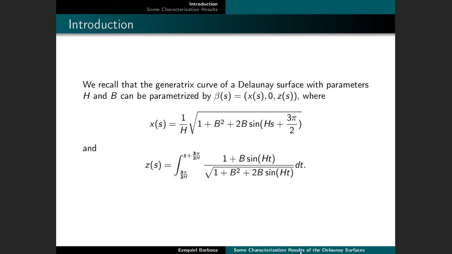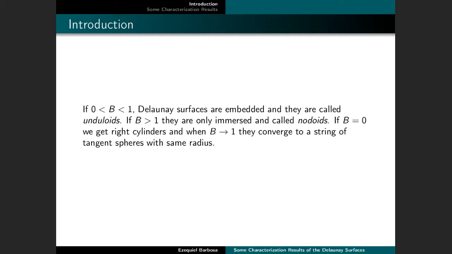So a Delaunay surface is this surface described by these functions, and when b is positive and less than 1, these Delaunay surfaces are embedded, and they are called unduloids. If this constant b is greater than 1, they are only immersed and called nodoids.